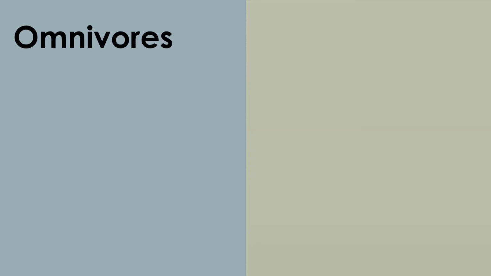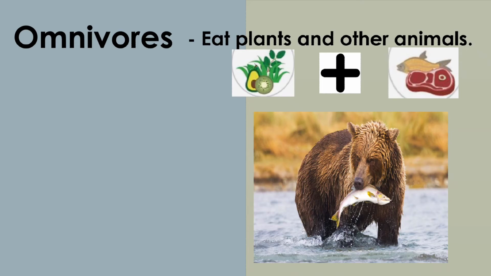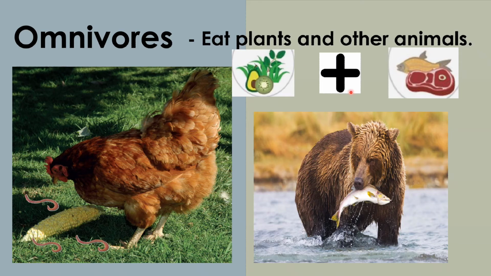And we have also what we call the omnivores. When we say omnivores, these are the animals that eat both plants and other animals. That is why they are called omnivores, meaning they are eaters of both plants and animals.